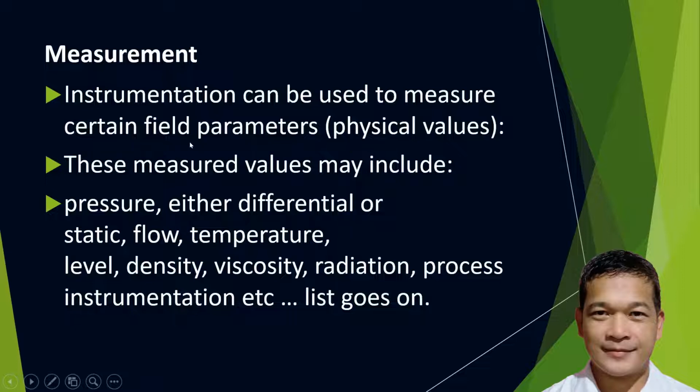Differential means the change of the pressure, and static means the constant value of the pressure you need. Also the flow, temperature, level, density, viscosity, radiation, and so on and so forth.